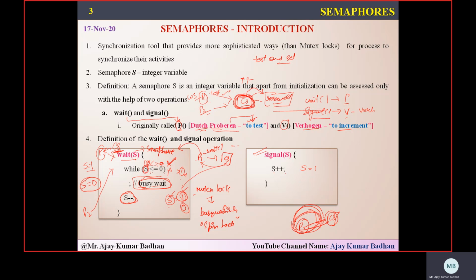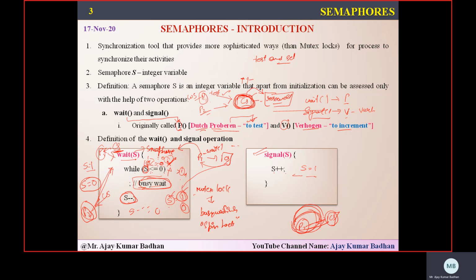Then what is the value of S now? It is 1. Now when P2 executes wait, the value of S is 1. 1 is less than or equal to 0, condition failed. So this semaphore, meaning the critical section, can be allocated to P2. Then again we do S minus minus.